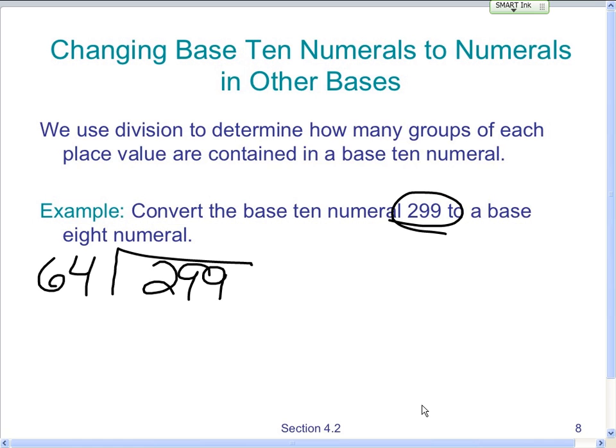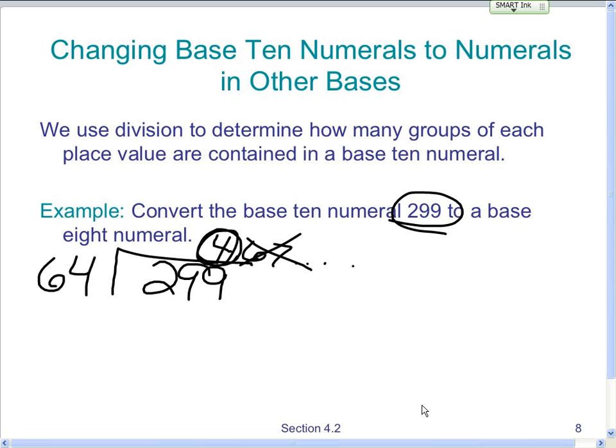299 divided by 64 is equal to, if I use my calculator, you can do this by hand, but I use my calculator, it's going to give me a decimal, 4.67, etc. What we're interested in is the 4. Don't worry about that decimal. That's not going to help us.